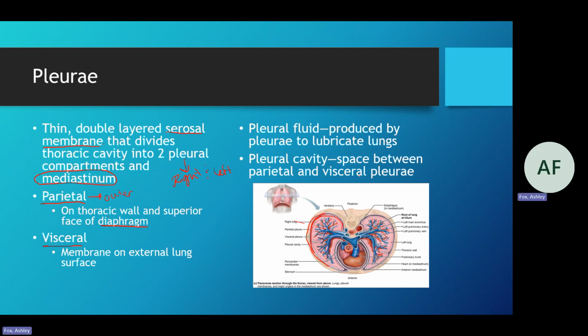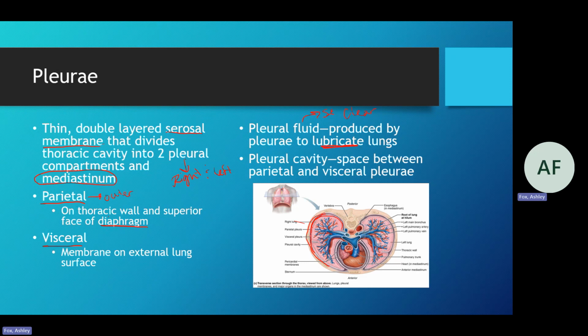In that space, wherever we have moving parts, we're going to produce fluid. And so pleural fluid is again serum, basically. So it's serosal fluid. It's clear fluid that is produced to make sure that we have lubrication.